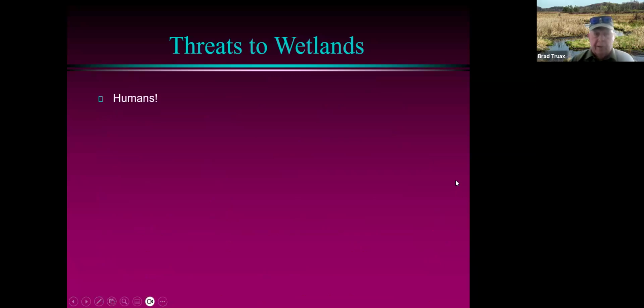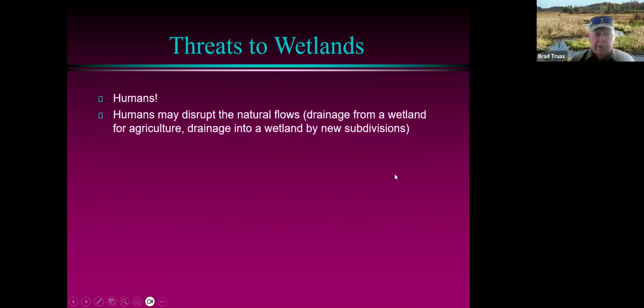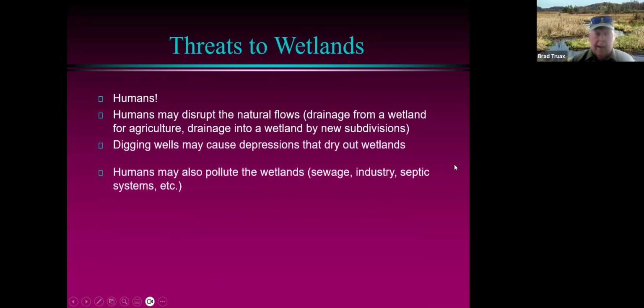So again, the biggest threat to wetlands is probably humans. We may disrupt the natural flows because we sometimes drain a wetland for agriculture or drain into a wetland from new subdivisions. We also dig wells that may cause depressions that dry out the wetlands.